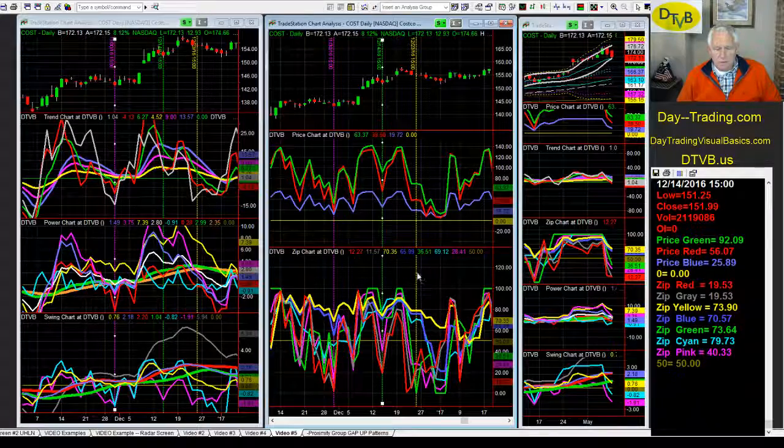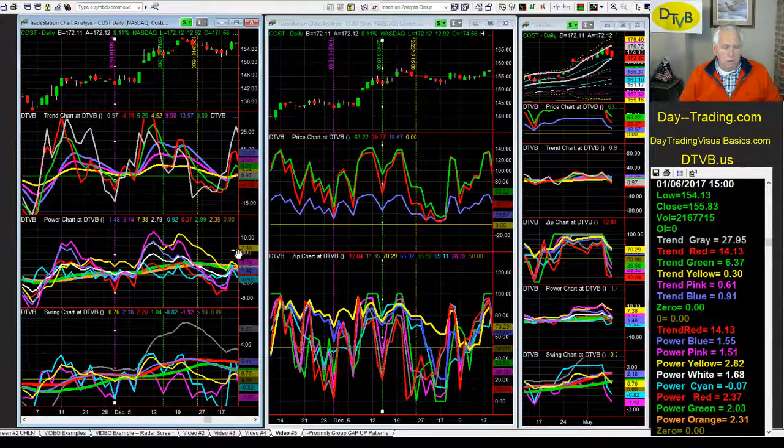The third one is a yellow line. I just wanted to point this out because I spotted it just when I was setting up, and this is a red-green 2-day twin spike, and typically those will always go up, but you can see you're basically in a downtrend, and that downtrend exists because you're in a zip yellow that's going down, along with, going through this yellow line, a power yellow going down.